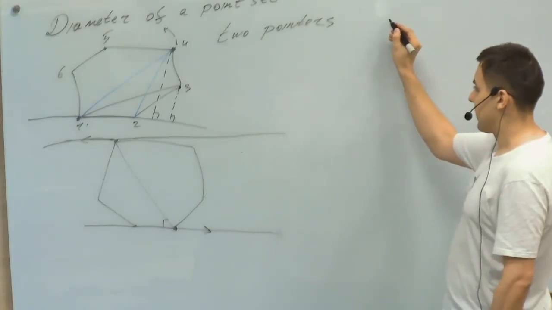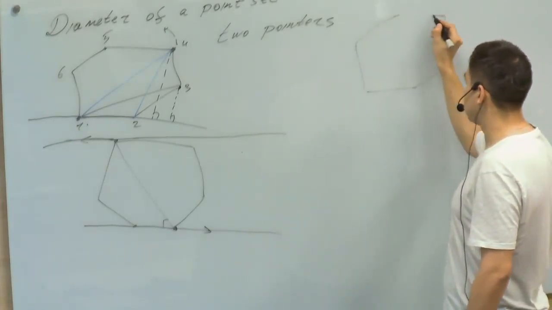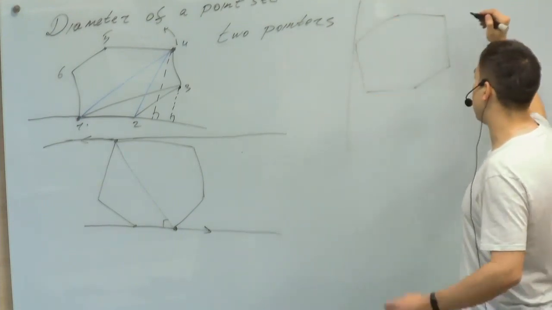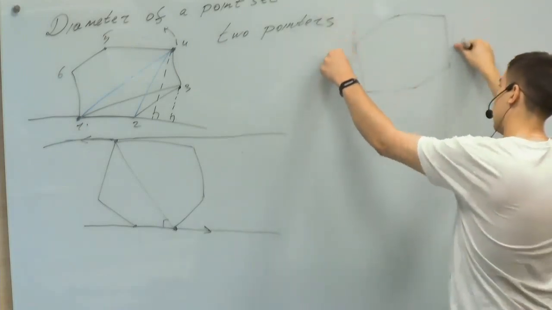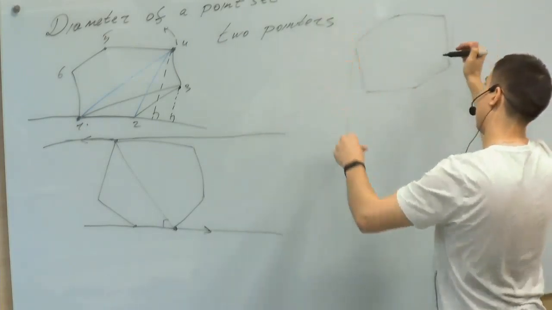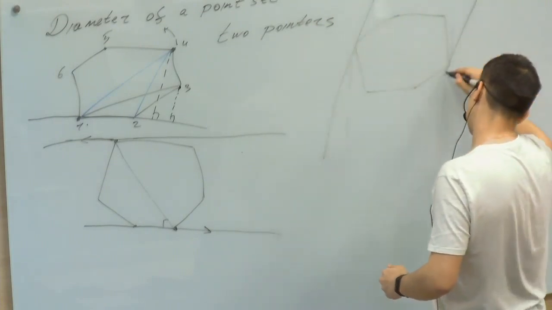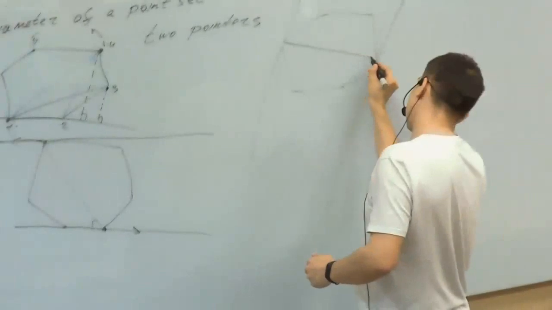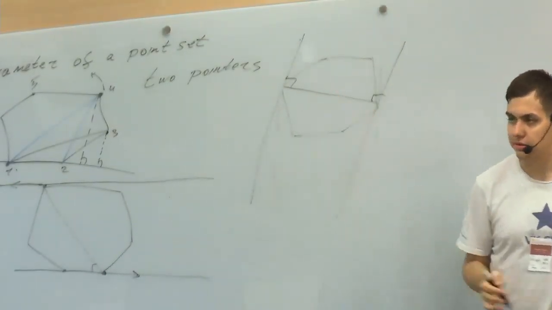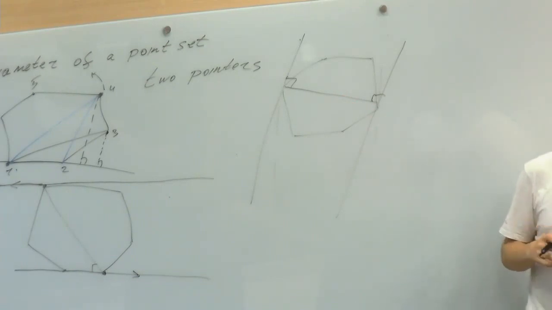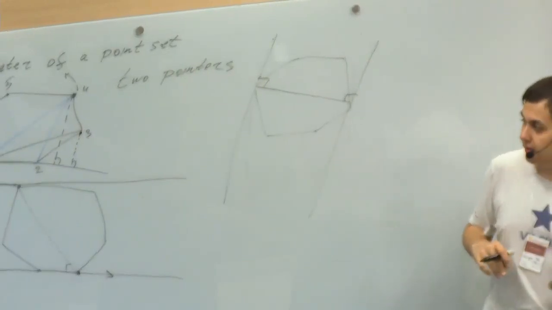So in case of a general set of points, we'll have this line and this line, not like this. This line, this line. So this is approximately the right angle. So this is the largest distance between parallel lines that enclose our convex polygon.